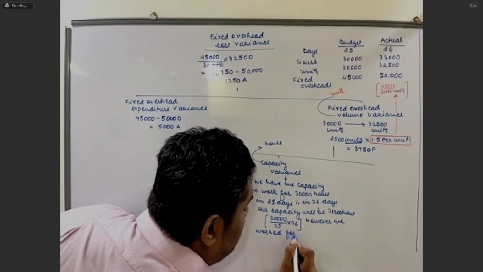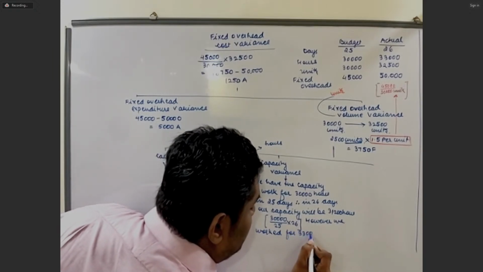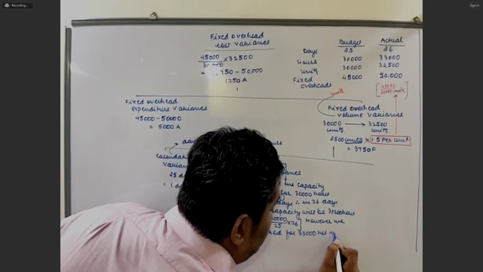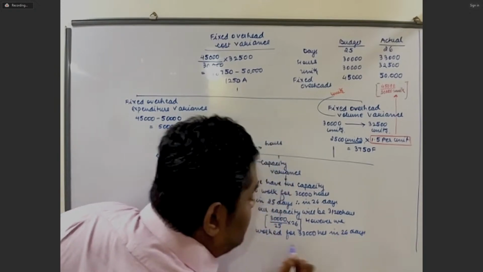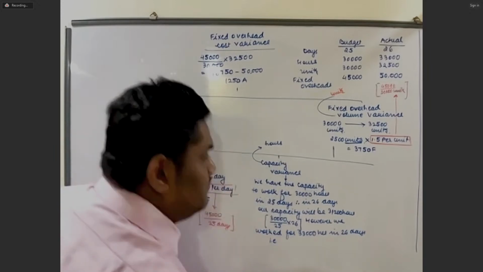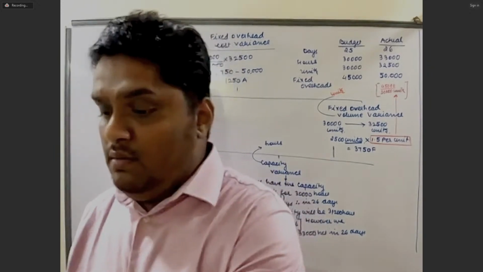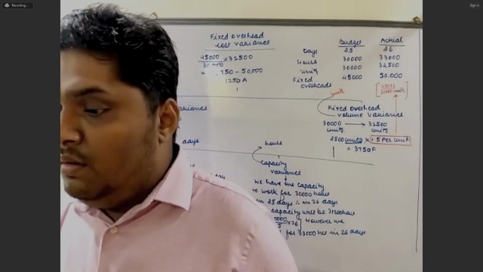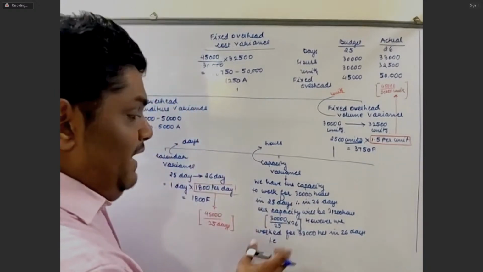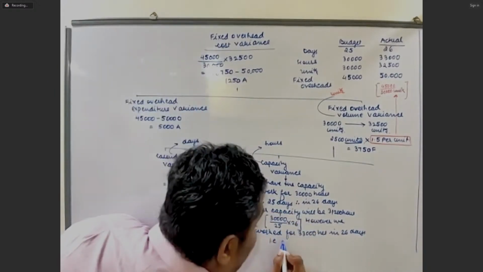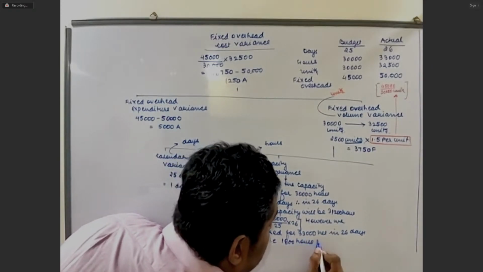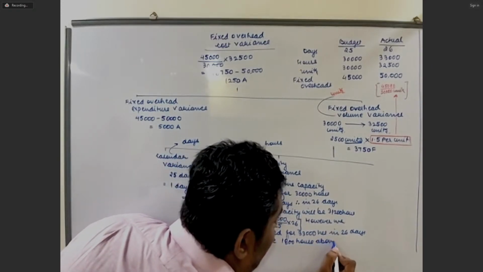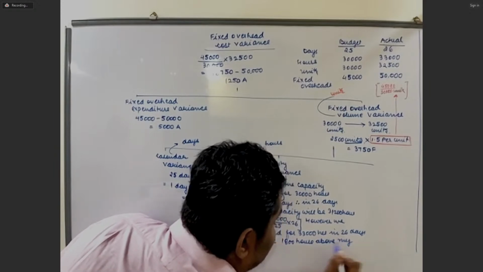We worked for 33,000 hours in 26 days. That is 1,800 hours above our capacity.